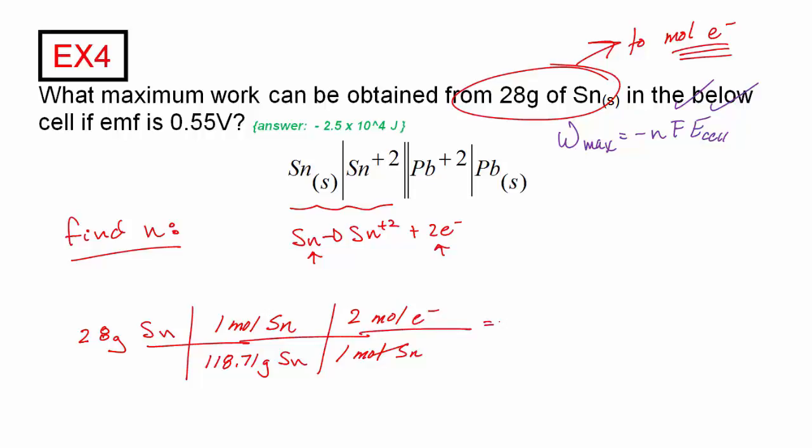So 28 divided by 118.71 times 2, about 0.472 moles of electrons. So now I'm ready to find my W max.